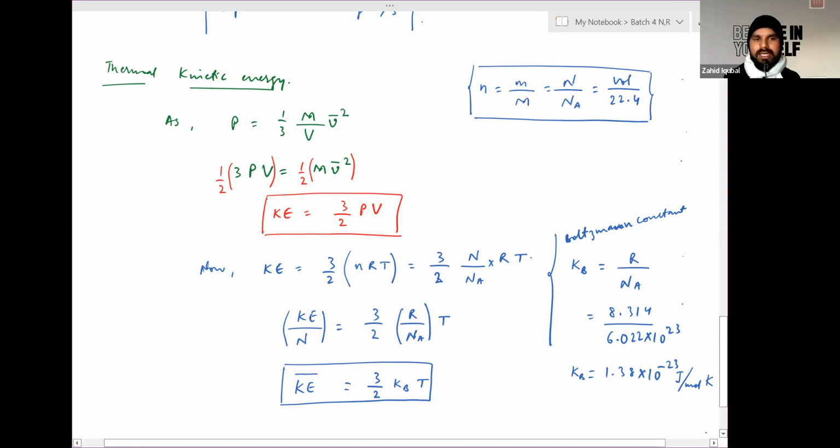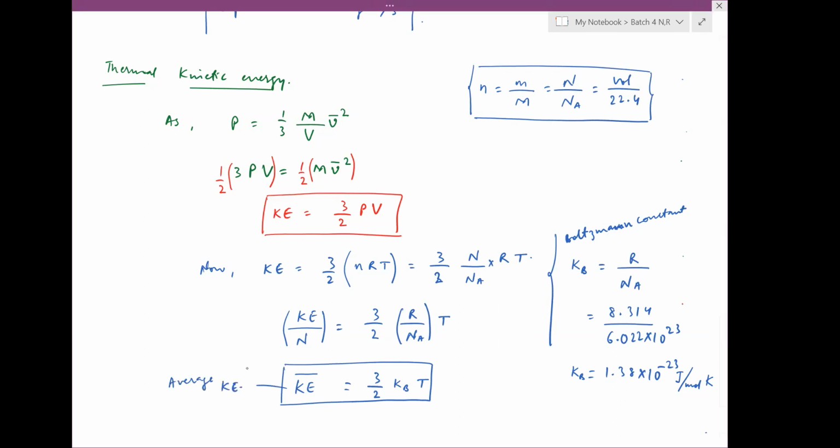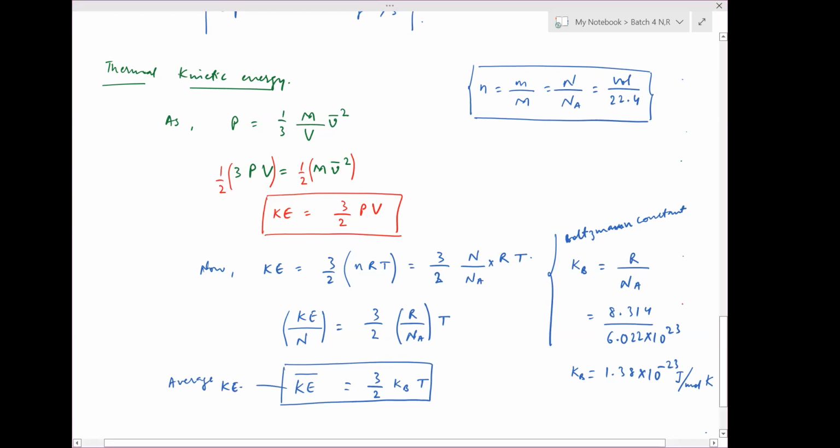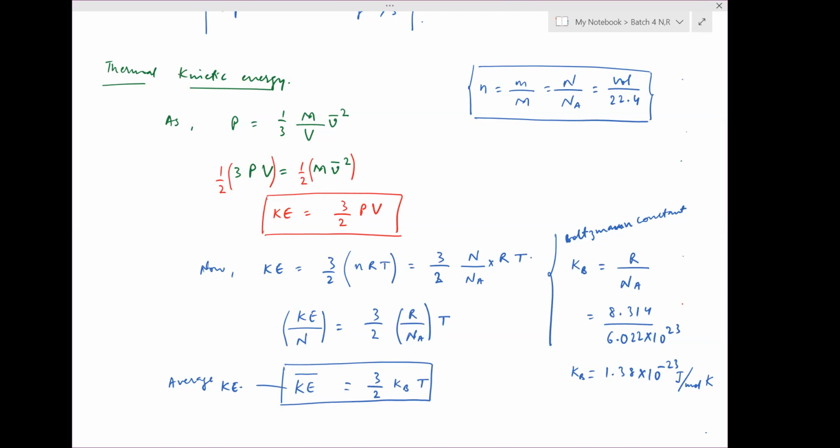KE bar is kinetic energy divided by number of particles, so it is termed average kinetic energy. So it's total kinetic energy by number of particles. Yes? Okay.